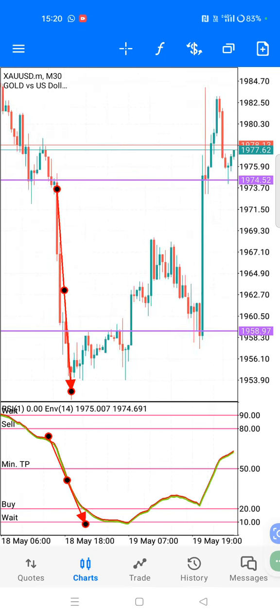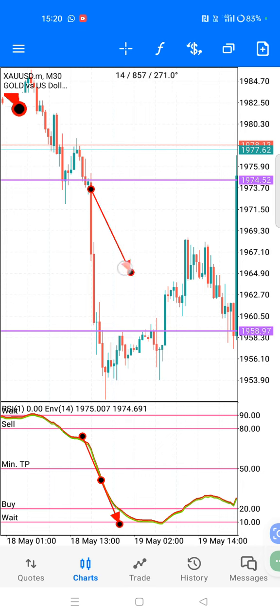Most important thing, stop loss plays a big part in your trading. You don't want to lose even a single cent if possible. So meaning to say, do not lose any single cent, even if your stop loss is just right below this. Maybe you took 1973.52 as your stop loss.